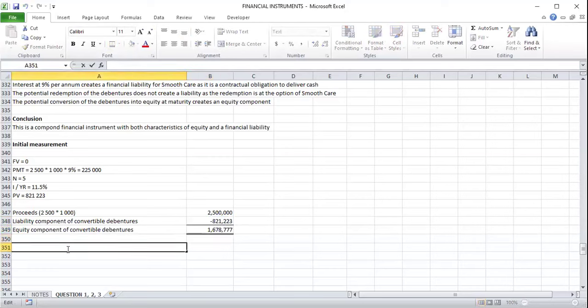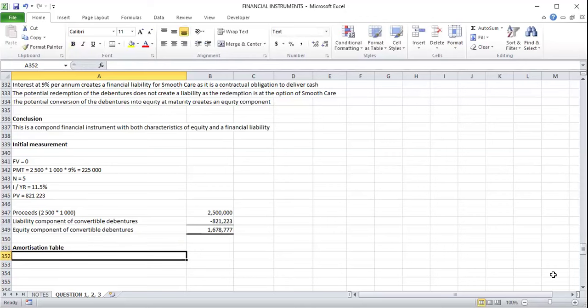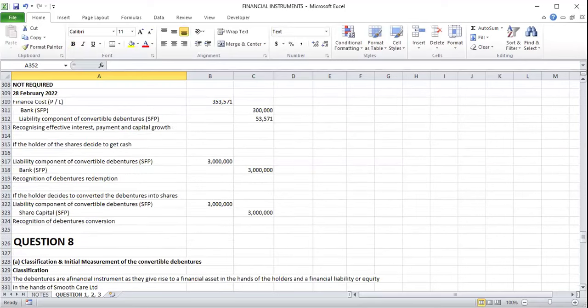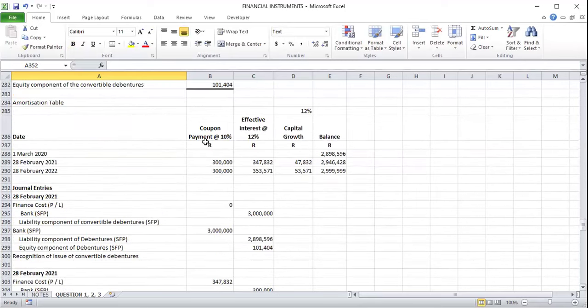Right. Then we do our amortization table. So please, can you see that difference? We don't include the FV if the option is with the company or the shares are compulsorily redeemable. So you should know that. Okay, then we leave this.